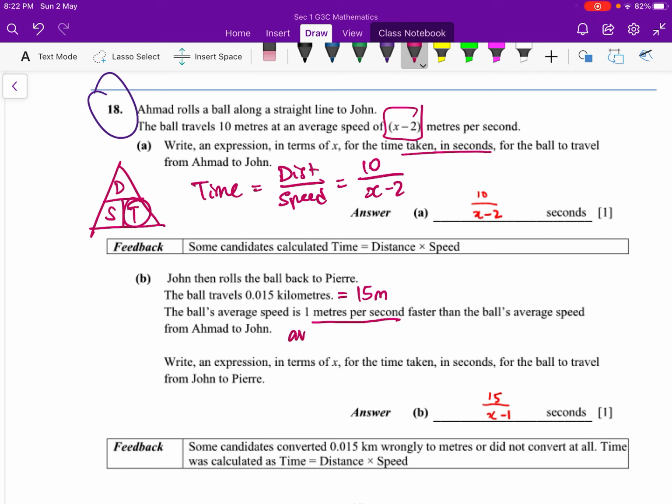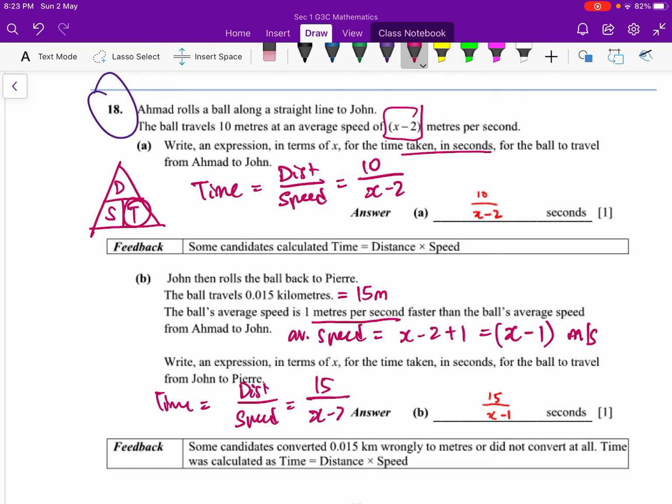So the average speed is now x minus 2 plus 1, which is simply x minus 1 meters per second. Now they want to find the time taken again. So time will be distance over speed. Now the distance is 15 and the new speed is x minus 1. So that's the answer.